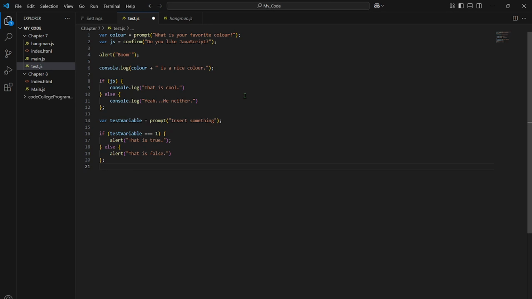Today we learned how to create a prompt and also an alert, along with if and else statements connecting to those.